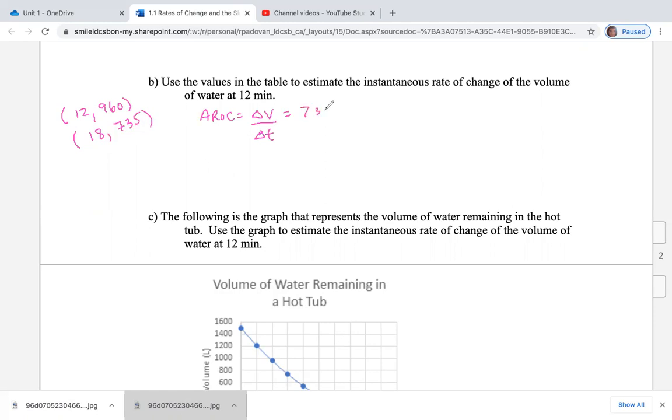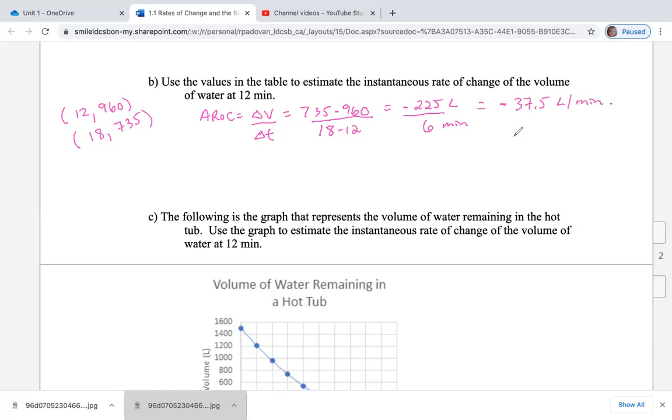So 735, take away 960, all over 18 minus 12, which gives an answer of negative 225, which is volume, which is liters, over 6 minutes. And go ahead and divide that on the calculator. And we have negative 37.5 liters per minute.